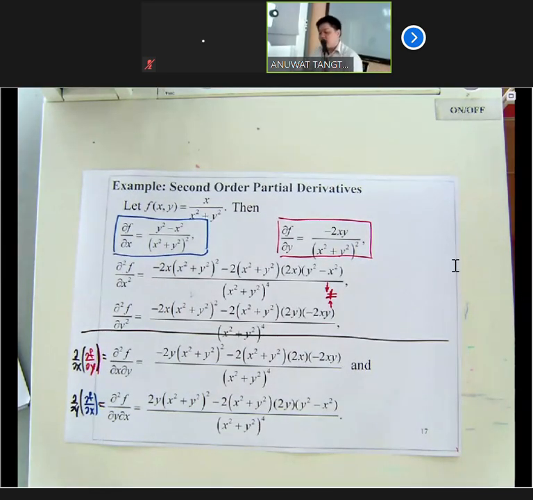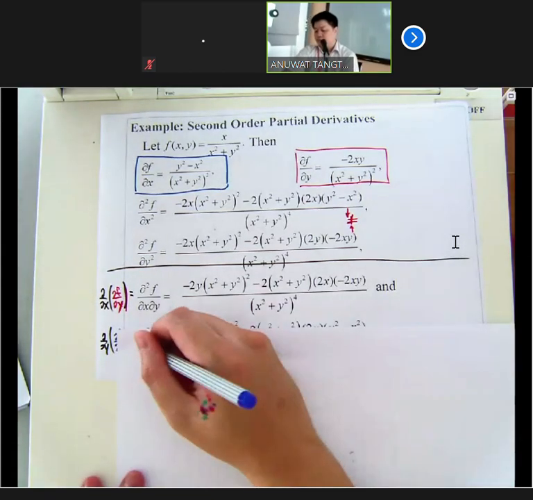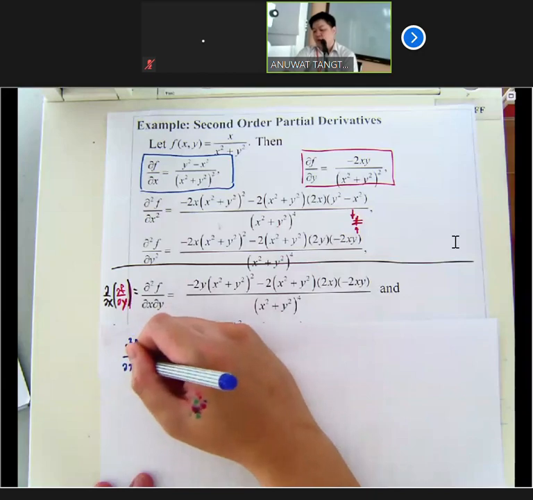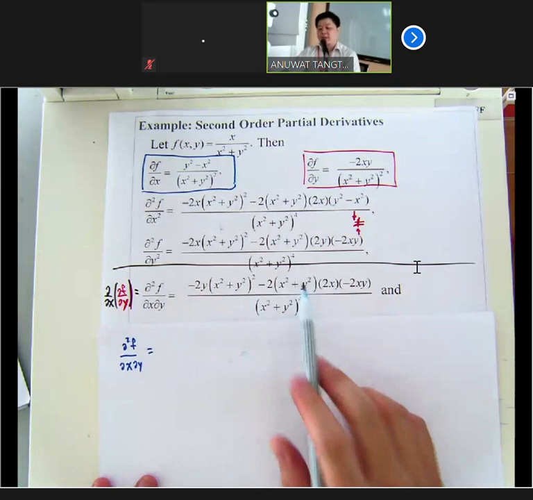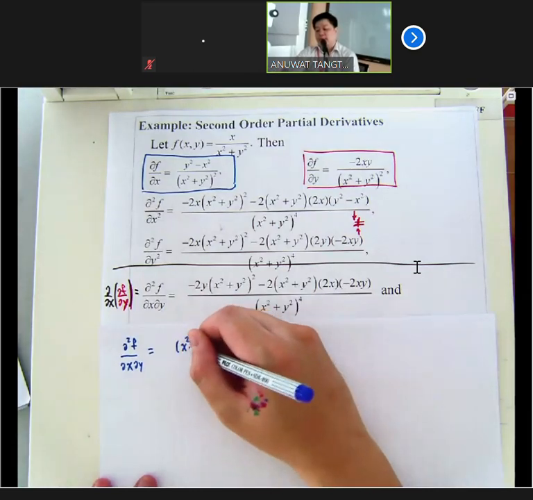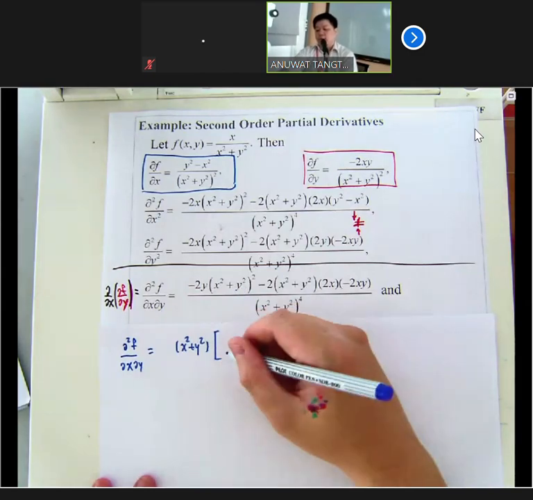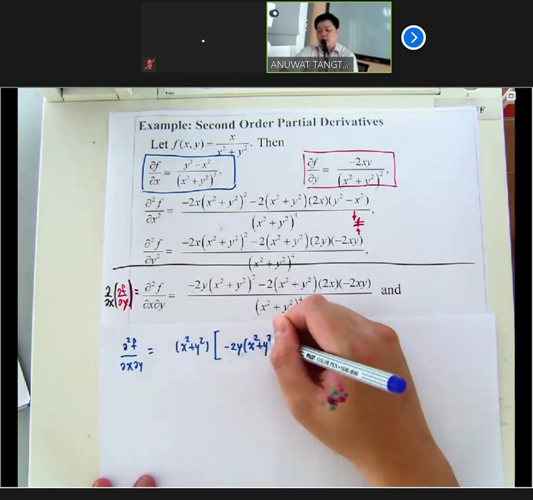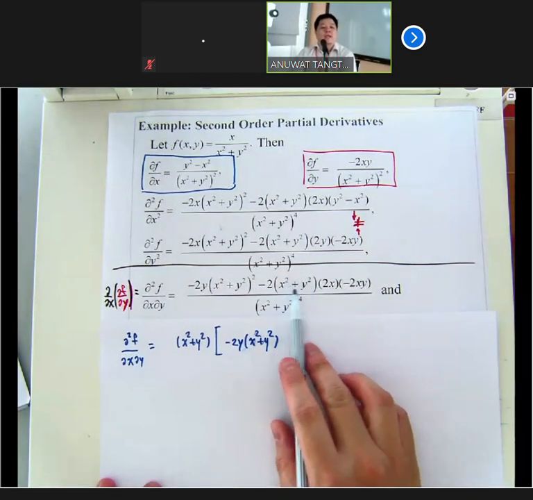Now let's try to expand this out. Let me show you d square f by dx dy. Look at this, we have the x squared plus y squared, which is the common factor. Now, the rest would be minus 2y times x squared plus y squared. For this one, we take this one out already.